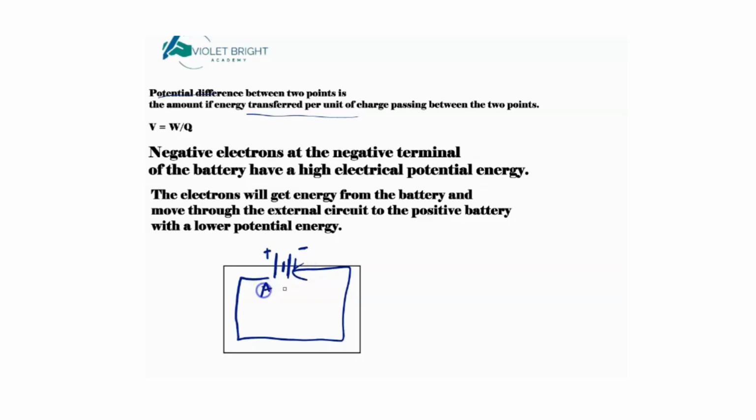Let's say this is point A, this is point B. So the potential energy is the amount of energy that will be transferred per charge.